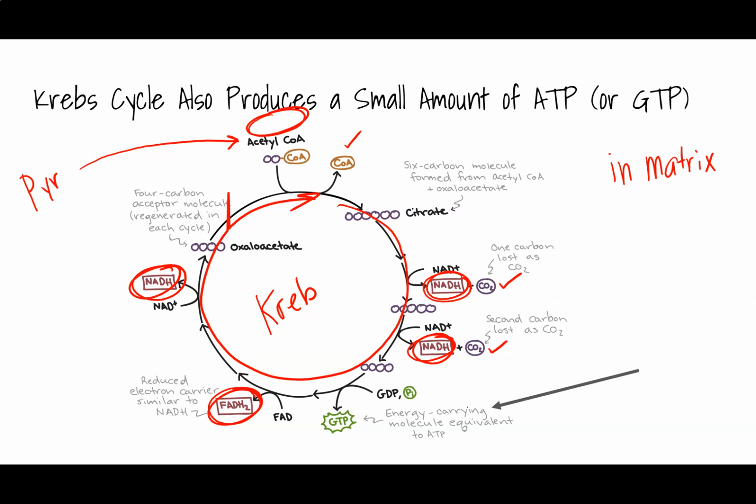Great, that's fine. We're just getting rid of them anyway. We're making NADHs, and remember I told you the Krebs cycle does make a little teeny-weeny bit of GTP, which as far as you're concerned is the same thing as ATP. So far, in glycolysis we made a couple of ATPs. In the Krebs cycle we made a couple of ATPs. And we generated molecules that are going to eventually make a lot of ATPs.